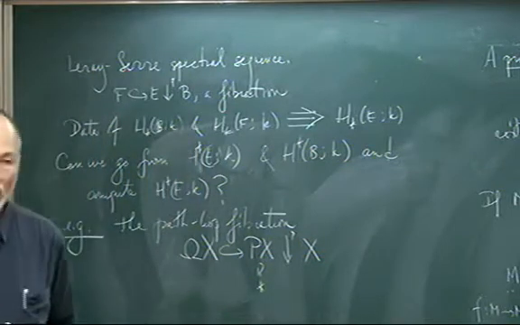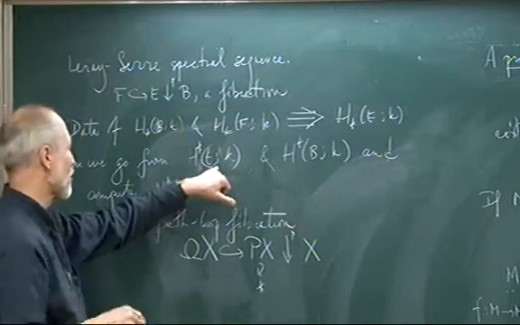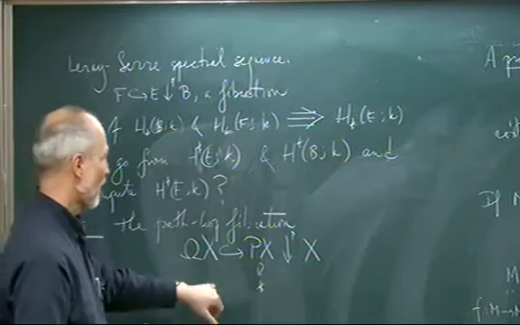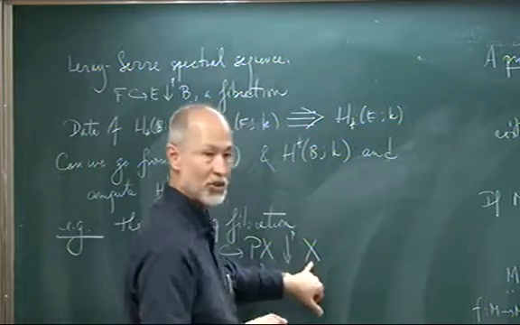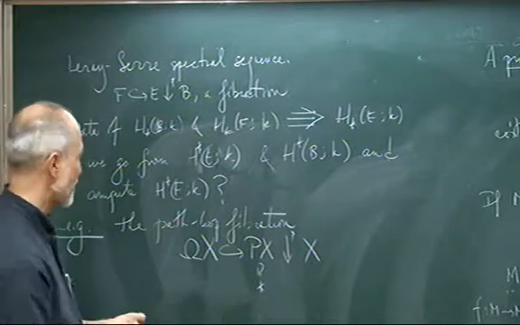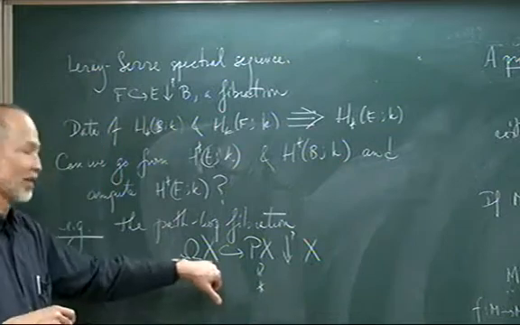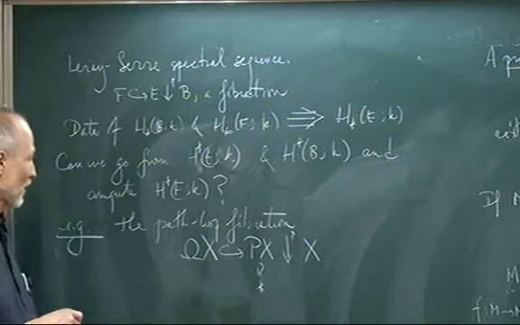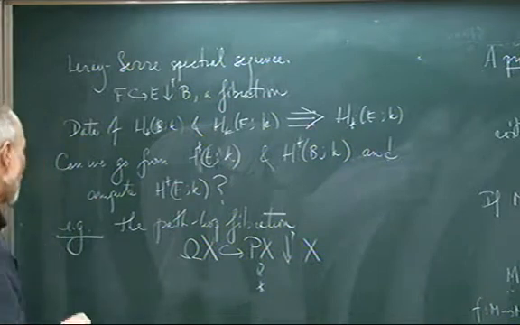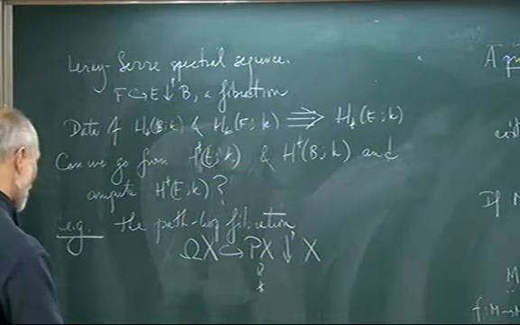And so it's quite easy to know the information about the total space, and potentially we know information about X itself. Is it possible then to go from these bits of information and obtain the cohomology of the loops on X? So that's one example of this question.